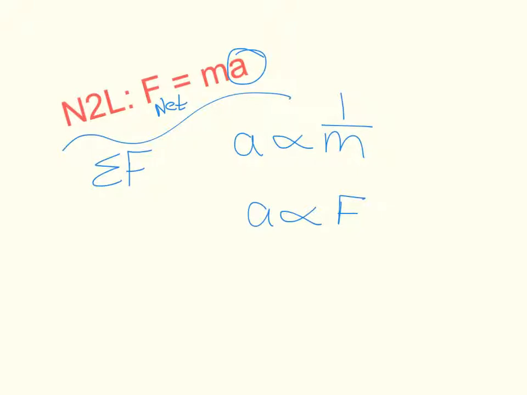If you push on an object with a greater force, it will accelerate at a greater rate. If you push on an object that has a mass of 2 kilograms and a mass of 20 kilograms with the same force, obviously the object that has the greater mass will have a smaller acceleration.